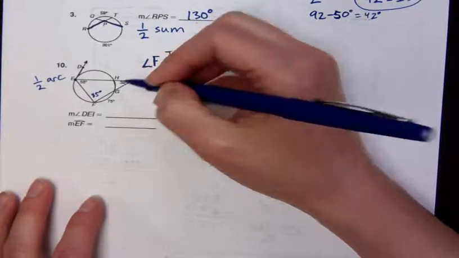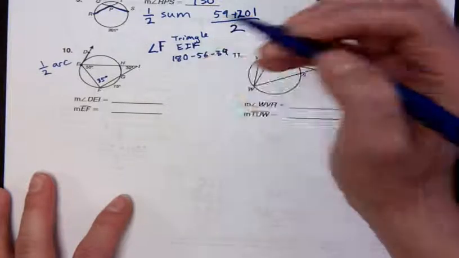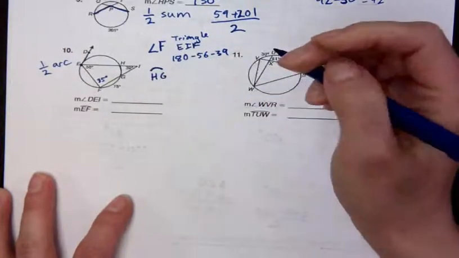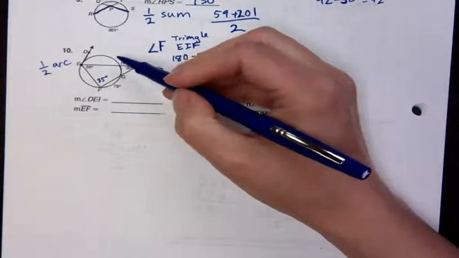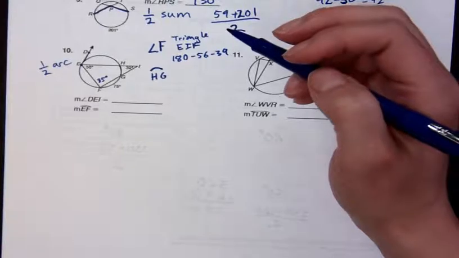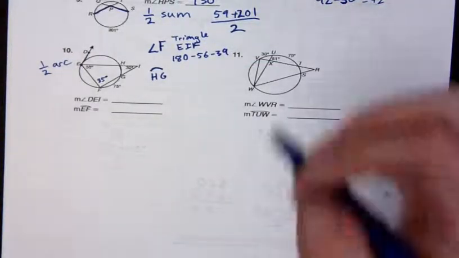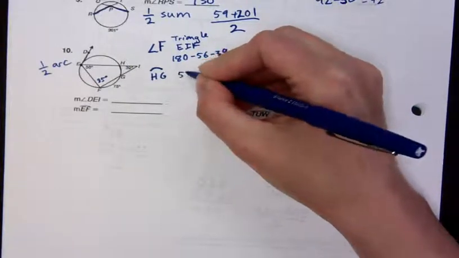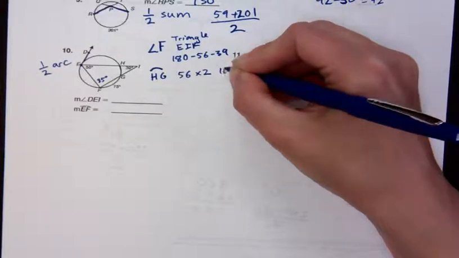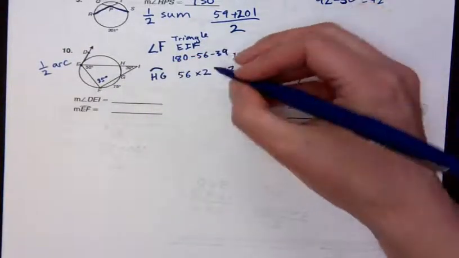Then I can find, whether I found that or not, how can I find arc HG? Well, we don't know DEI yet, so that's why I have to start solving for other parts. We know that one's 75, right? What do we do? Yeah. So 56 times 2 gives us 112, which is arc HGF.